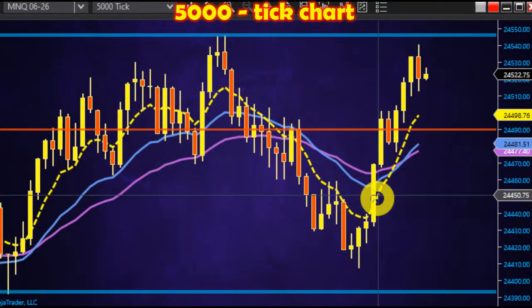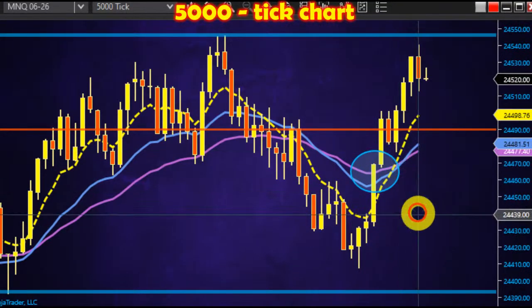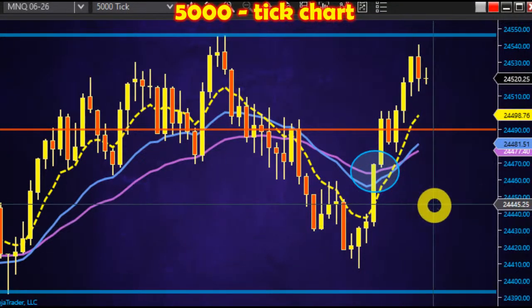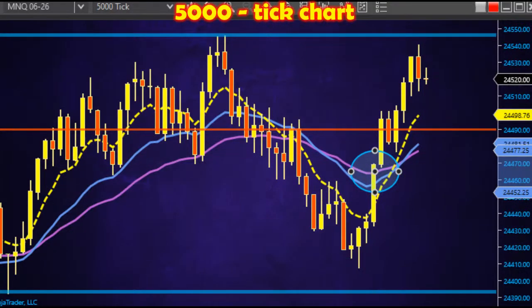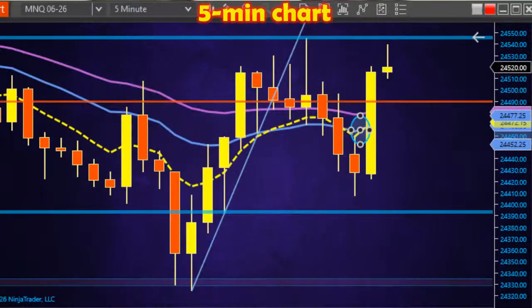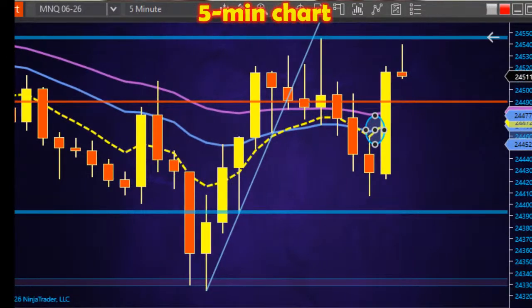Yeah. Right here, when it closed right there with that strength, where was that on the 5-minute chart? Yeah, I couldn't match that up with the 5-minute chart. It's still underneath, trying to poke up through there. So that wouldn't have done me any good.